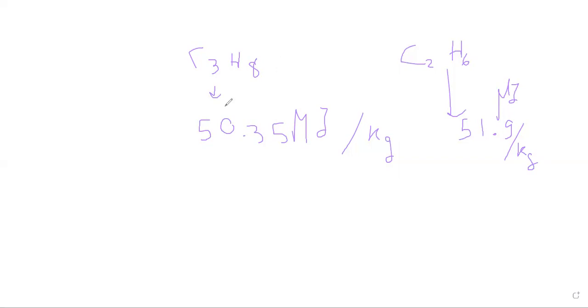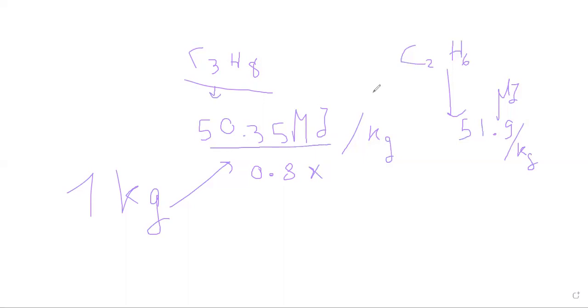So if I do the combustion of 1 kilogram of fuel, this 1 kilogram will contain 0.8 kilogram of C3H8, which is the percentage in mass of C3H8, 80%. If I do the combustion of this 0.8 kilogram, I just have to multiply by the heating value, which is in megajoule per kilogram, to get the amount of heat release.